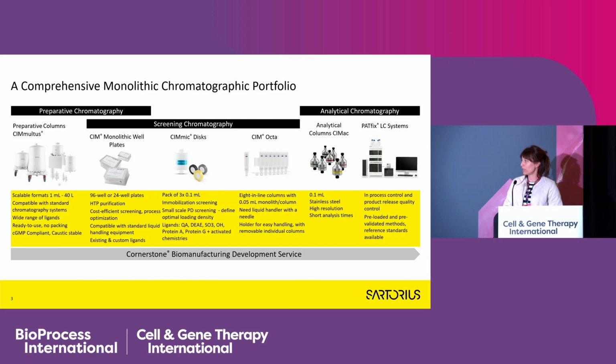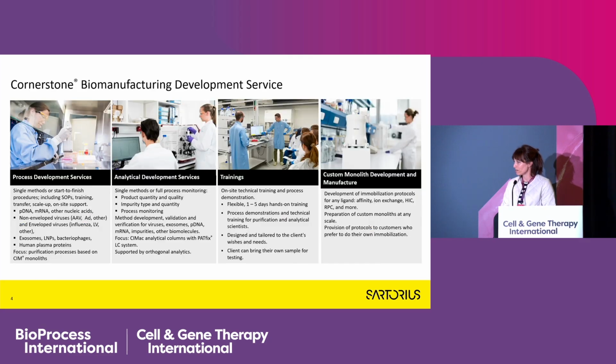They are especially good for process control and product release quality control. They can be preloaded and pre-validated with methods, and you can buy them with reference standards which are available.